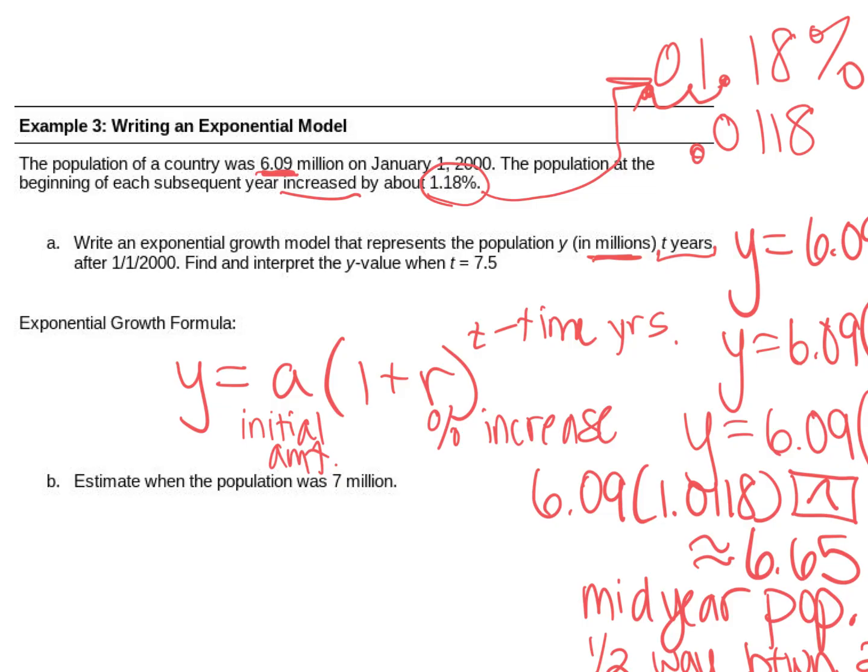Then we want to estimate when, this is actually a graphing calculator question, but we don't really do that. I mean, you can plug stuff in and get as close as you can, but you really want to do this with a graphing calculator. So this will probably be something I show you when I get back. What you would do is you would actually graph this function that you made.